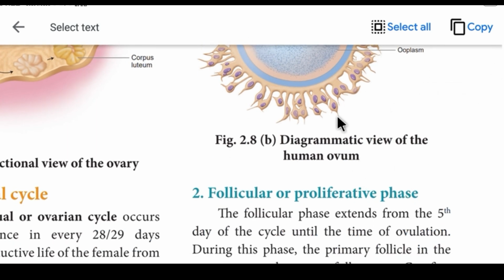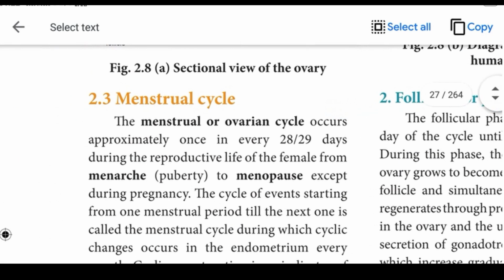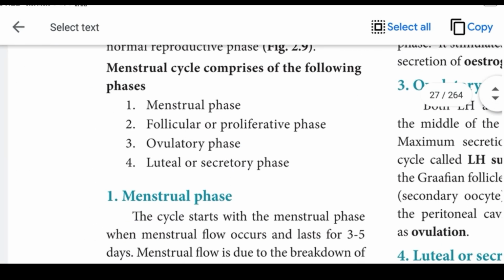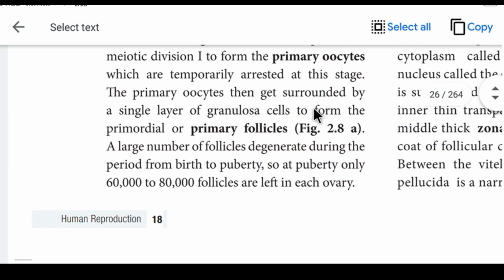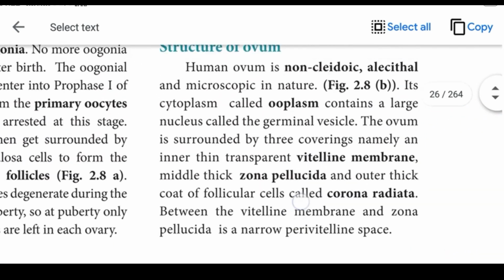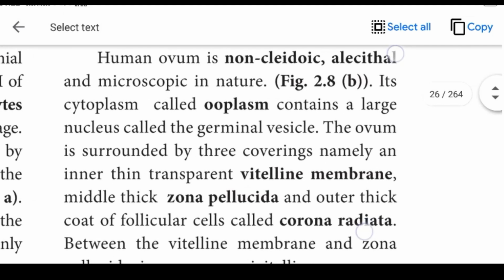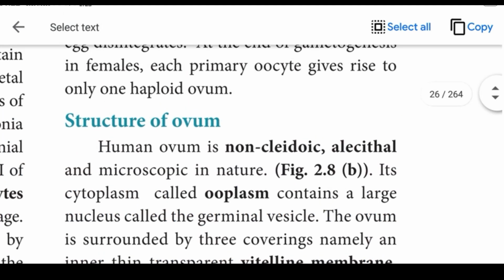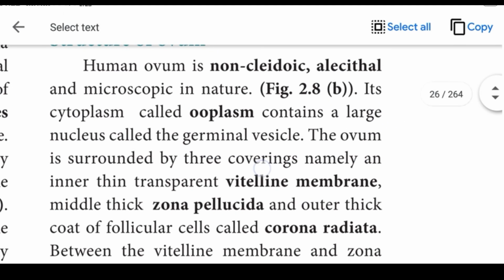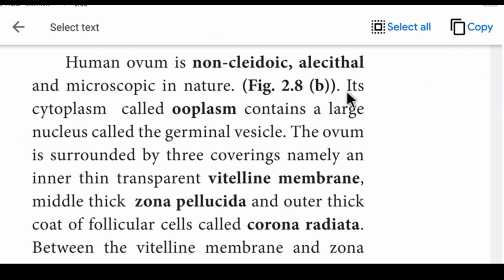This is the diagrammatic view of the human ovum. Now, what is the structure of the ovum? We have the human egg. The human egg is non-cleidoic.